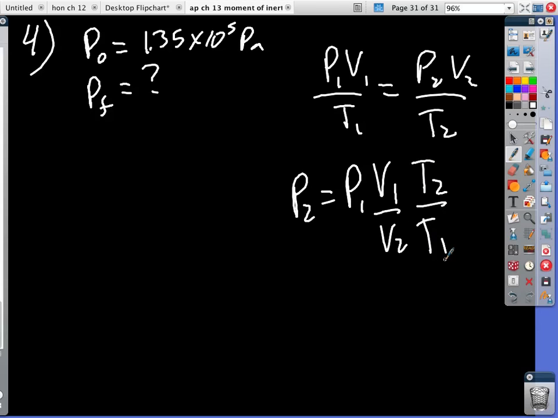What does V1 over V2 become? That's 1, because it's the same ball, and we assume that the ball doesn't inflate like a balloon. So then it's just a ratio of the temperatures.